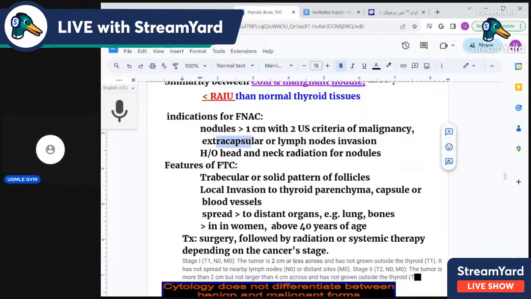They may have extracapsular lymph node invasion and a history of head and neck radiation. So these are the indications for FNA biopsy: a nodule of more than 1 centimeter with microcalcification or hypoechogenicity, extracapsular or lymph node invasion, and a history of head and neck radiation.